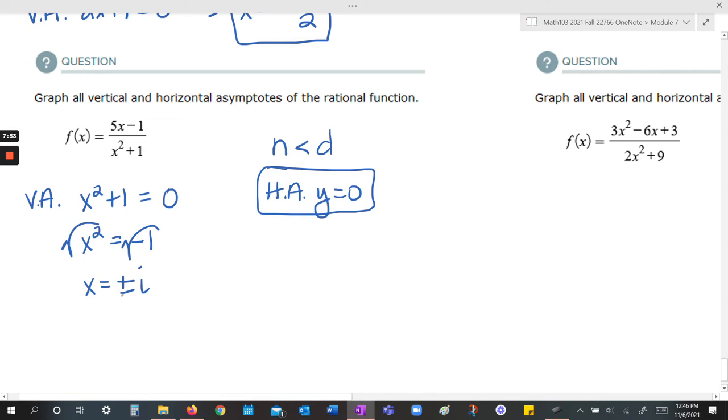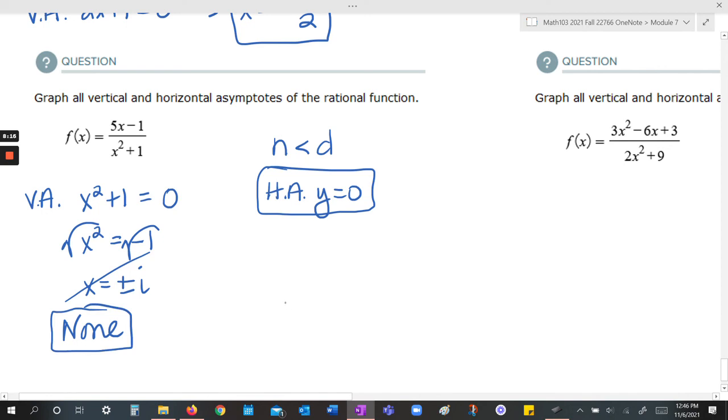So if you get imaginary values, then you just get rid of them. Since all we got was either i or negative i, and we have to omit those, we say none. So there are no vertical asymptotes for this particular one.